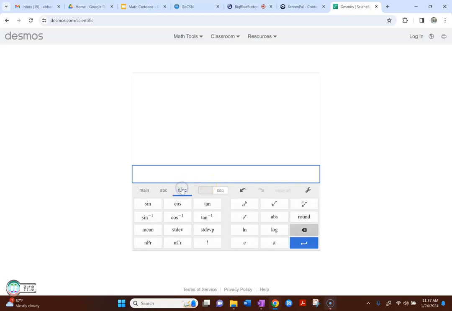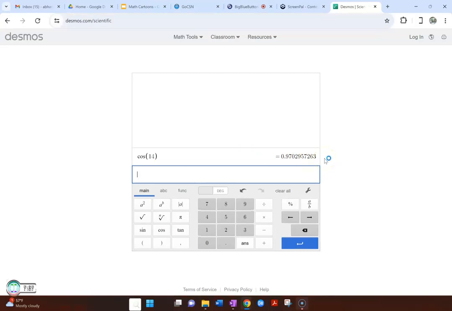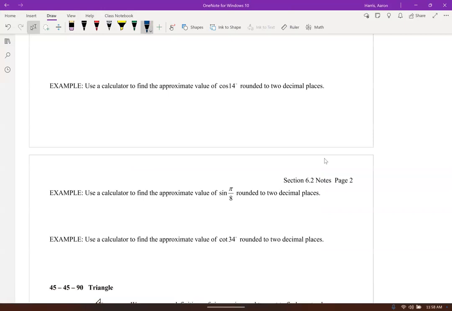If I change that, now I'm in radians. I want to be in degrees because I'm punching in cosine. And you can search for it in functions. I'm doing cosine. Notice I have sine, cosine, and tangent on this basic. So we're doing cosine 14. It knows it's in degrees. Enter. 0.97. Let me write that down. So cosine 14 degrees.